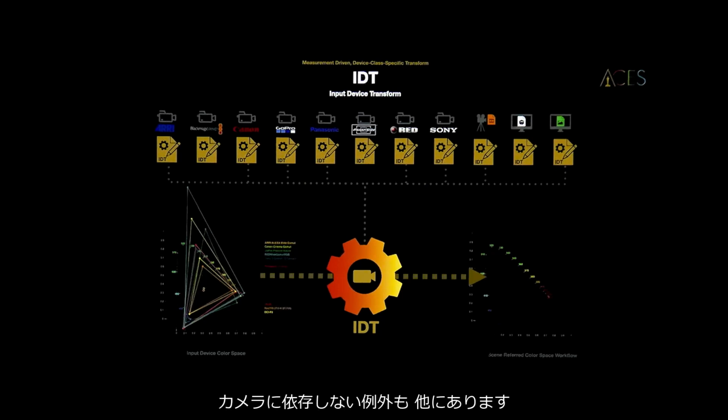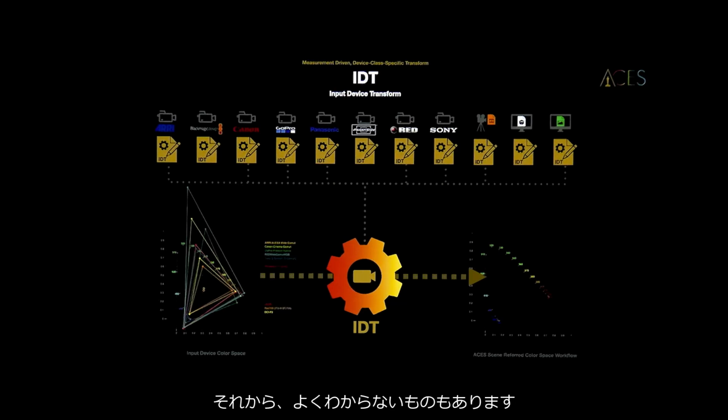There are other exceptions that are not coming from the camera. For instance, the film negative scan. There are still people shooting on film and scanning, like Christopher Nolan, for instance.